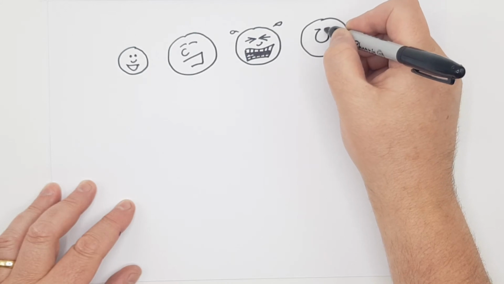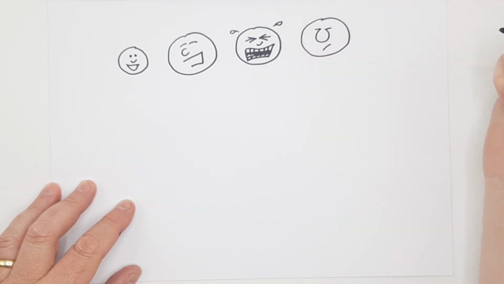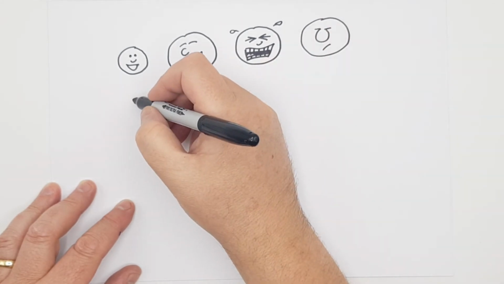Sometimes you can combine the eyes and the nose into one shape, keeping it nice and simple.